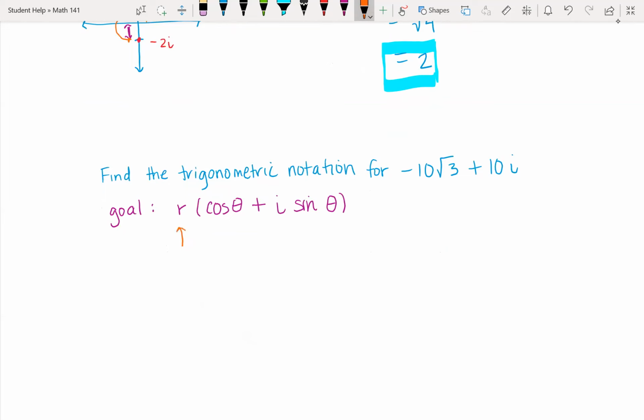This is going to be the absolute value of a plus bi. And then theta is the angle that's created when we figure out where that point is, starting from the positive x-axis and going counterclockwise like we have been doing for trig. Just another note is that we typically will shorthand this into r cis theta. The cosine plus i sine is the shorthand version.